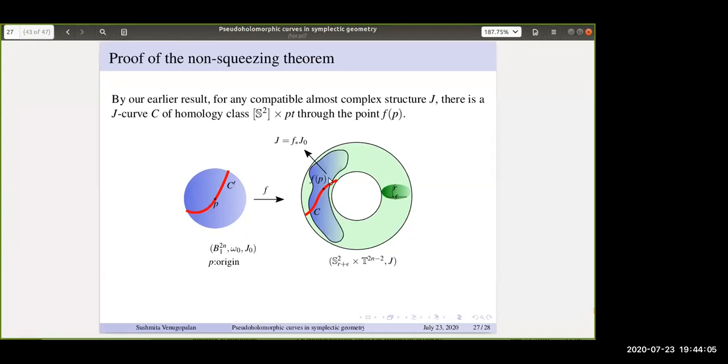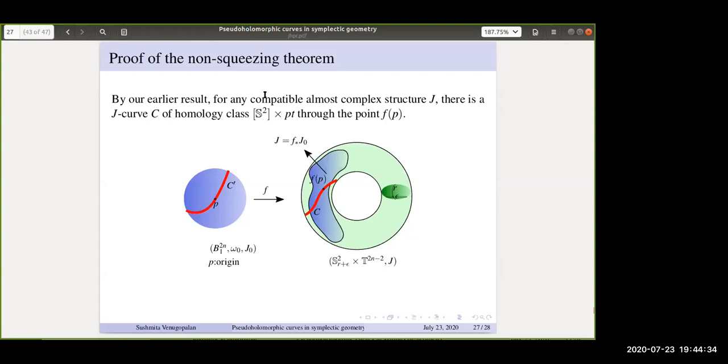I push forward that one, and in the blue region I get an almost complex structure, which I extend in any arbitrary way over the rest of the green region. So that's a legitimate compatible almost complex structure. And our result said that through any point, there is a J curve which is homologous to S2.